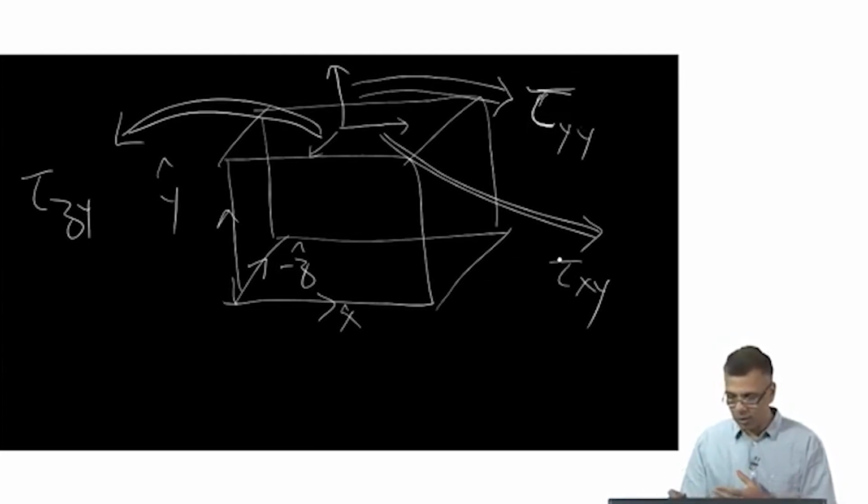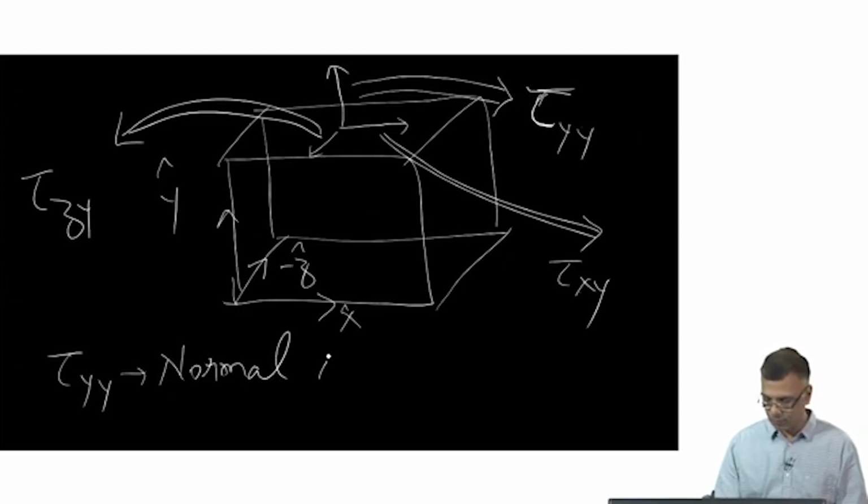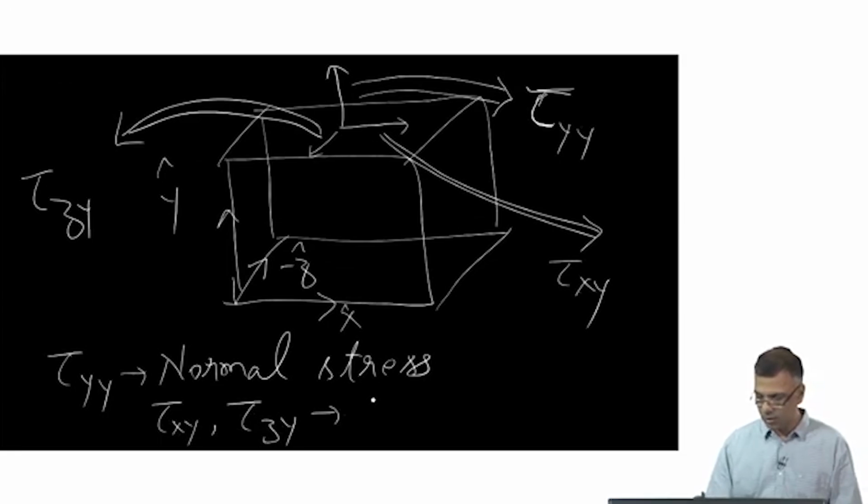This is a force which is acting in the x direction on a surface whose outward normal is pointing in the y direction, and so on and so forth. And tau yy is a normal stress, and tau xy, tau zy, these are shear stresses.